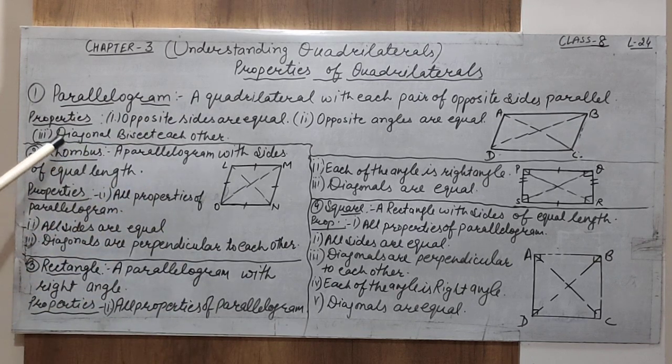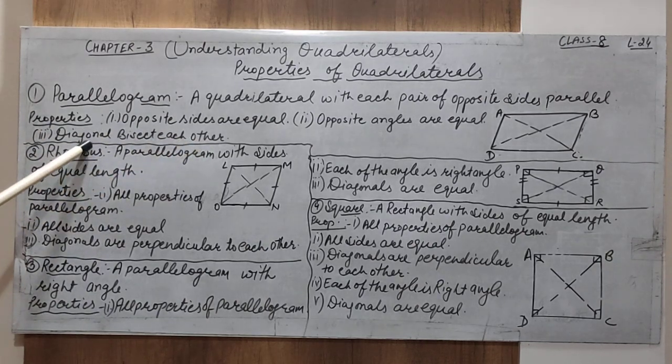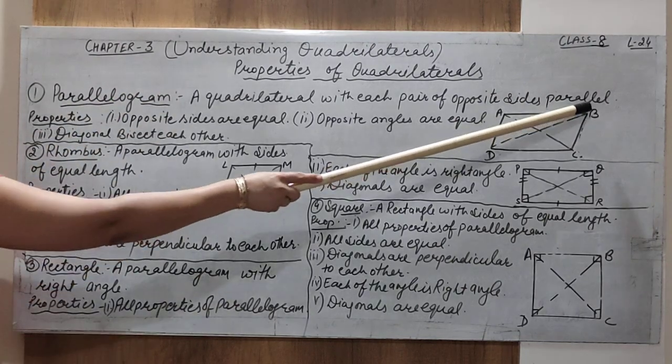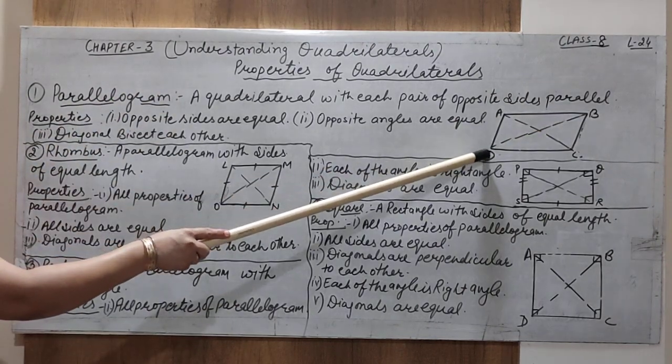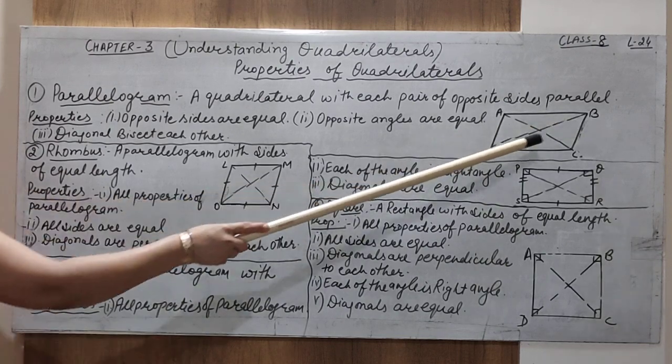The next one, third property, is that diagonals bisect each other. Diagonals are the lines made by joining the opposite vertices of the parallelogram. The opposite vertices are B and D, so BD is one diagonal of the parallelogram.